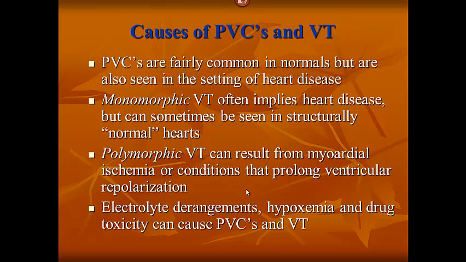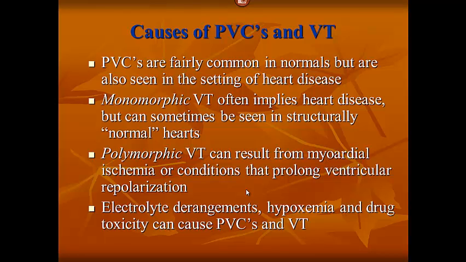PVCs are fairly common in normal people, but could also indicate heart disease. Monomorphic VT implies that the patient could have heart disease, so I would do a 12-lead EKG and an echocardiogram. Polymorphic VT for sure leads to prolonged ventricular repolarization and more chances for asystole, VFib and sudden cardiac death.